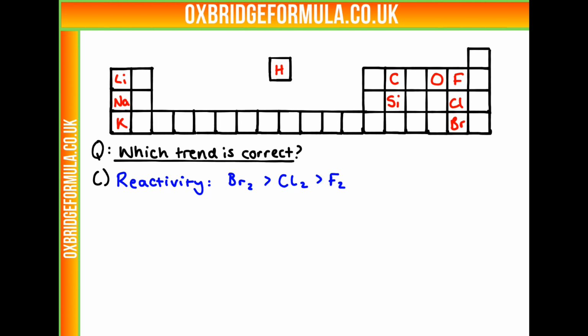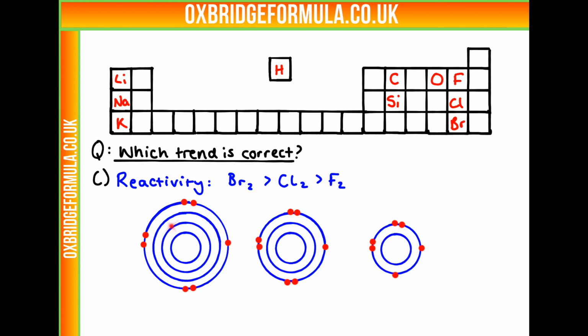Our third trend is the reactivity. Does bromine have the most reactivity, followed by chlorine and then fluorine? Well, let's think about how these actually react. If we draw out these atoms, we know that they have 7 electrons in their outer shell. So they have to react by accepting 1 electron into the outer shell. So which is that most favourable for?